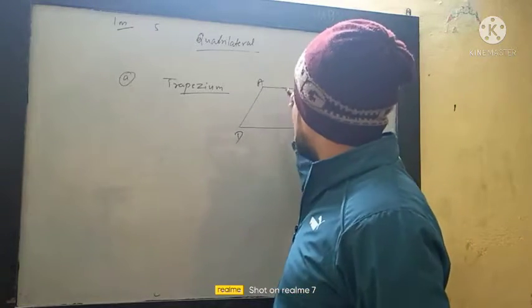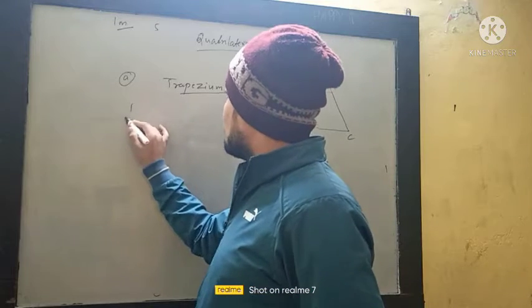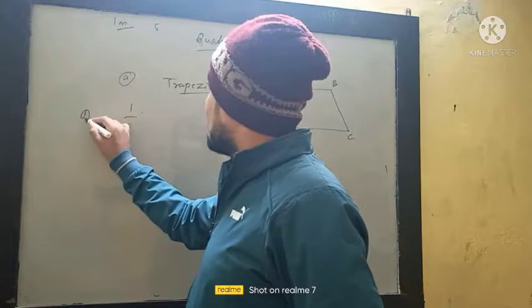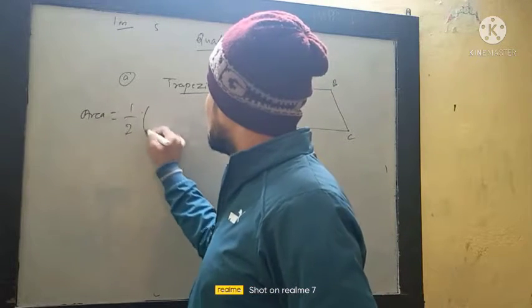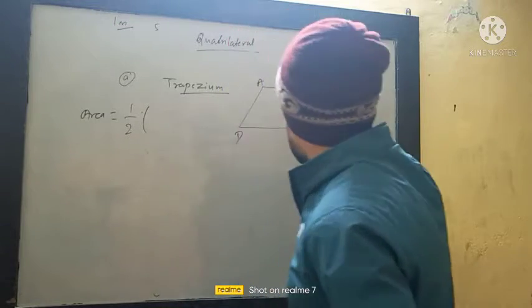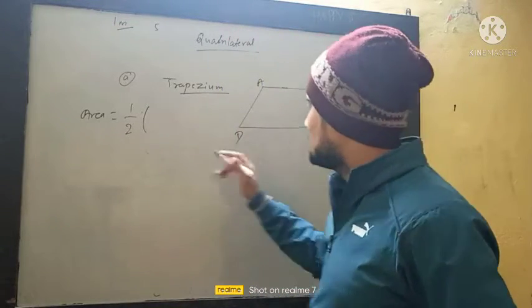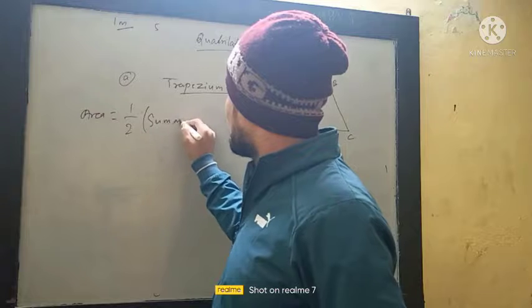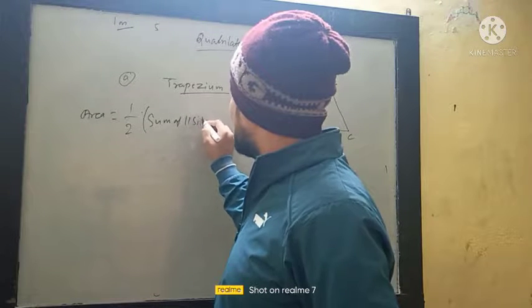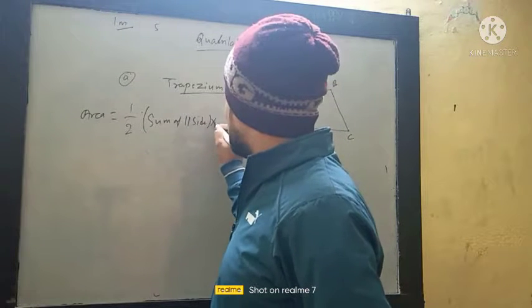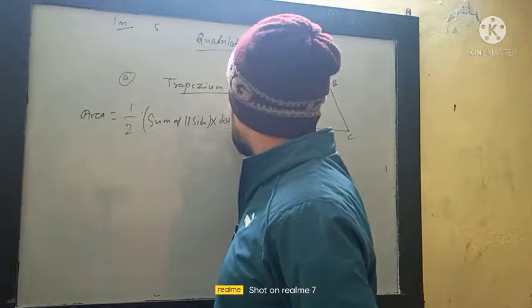The area of a trapezium is half into the sum of the parallel sides, into the distance between them. If AB is parallel to CD, then it is the sum of the parallel sides into the distance between them.